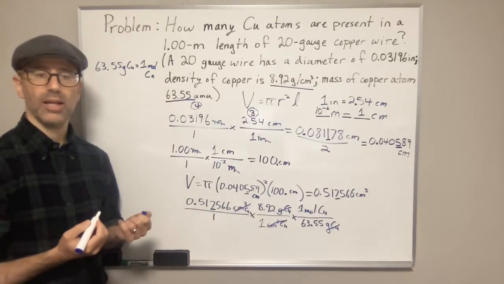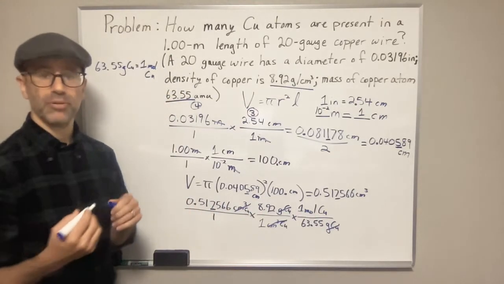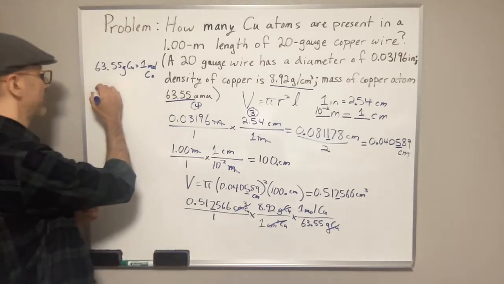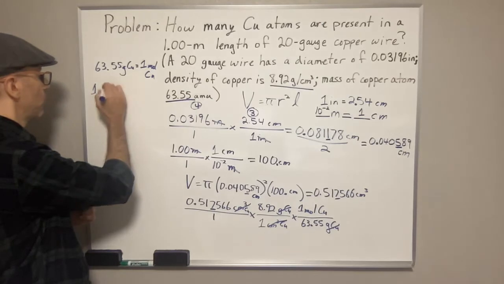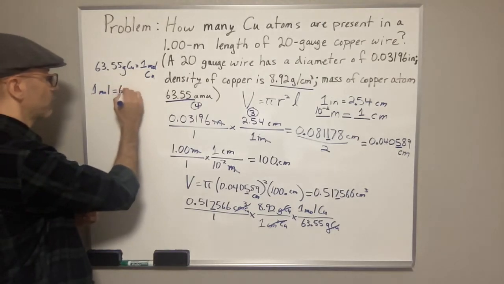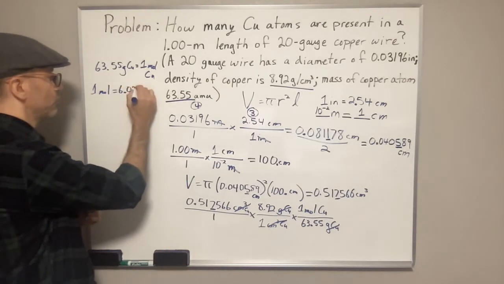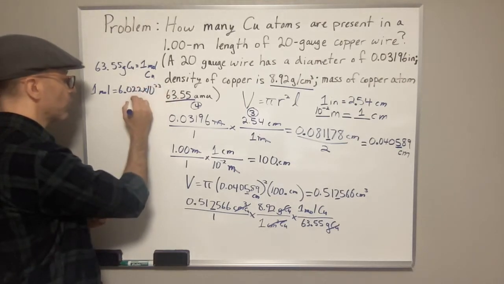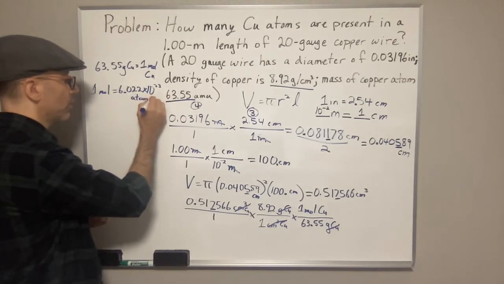And now all I need to do is convert moles to atoms. And I'm going to use Avogadro's number to do that. Avogadro's number is 1 mole is equal to 6.022 times 10 to the 23rd particles, or in this case, atoms. Right?